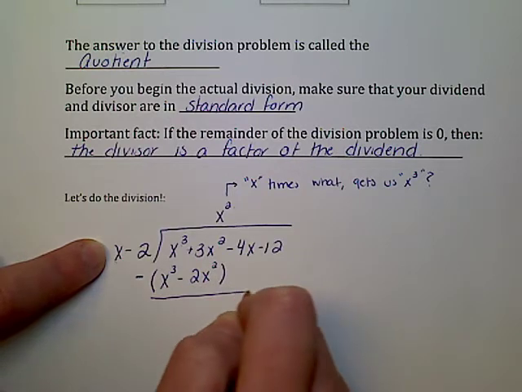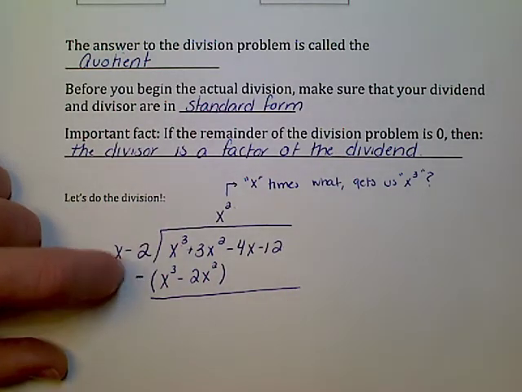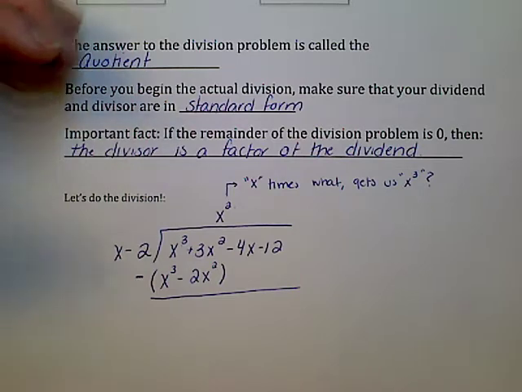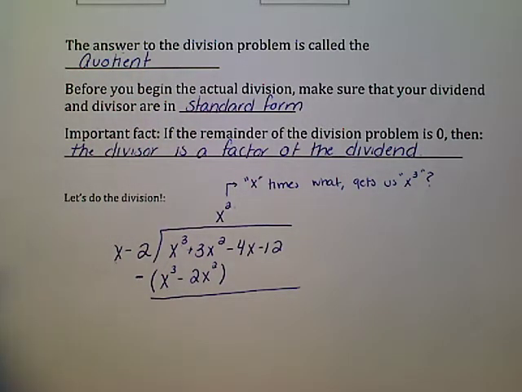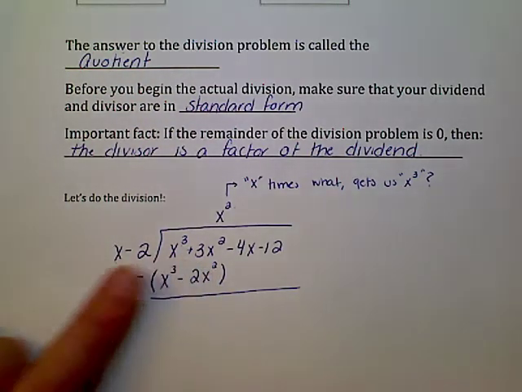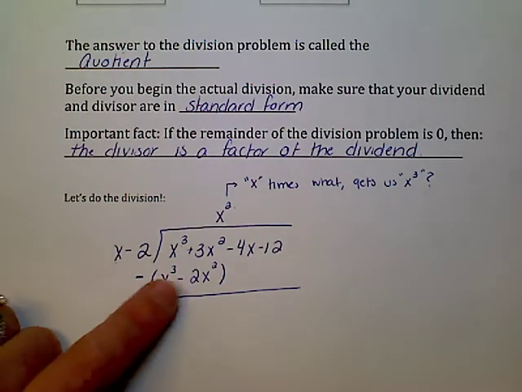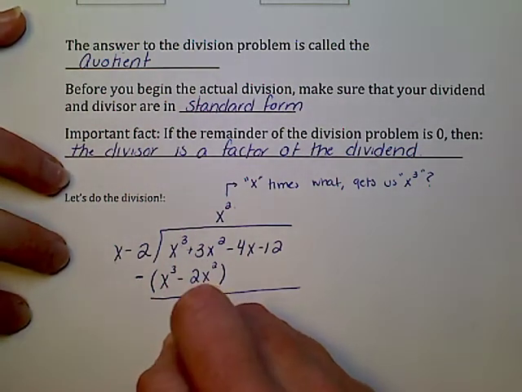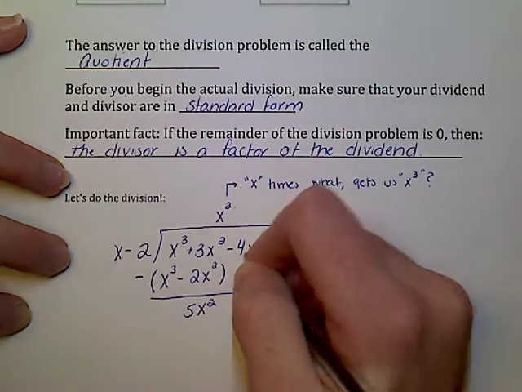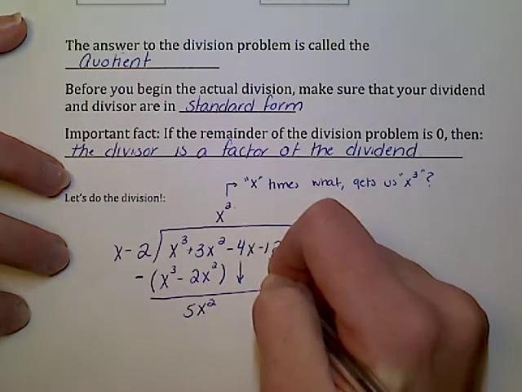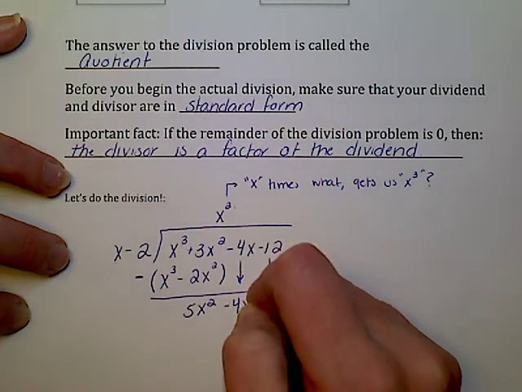And we do the subtraction. The nice thing here is that x cubed minus x cubed, those cancel. If that ever doesn't cancel, you've done something wrong. And then 3x squared minus a negative becomes addition, and so I have 5x squared.